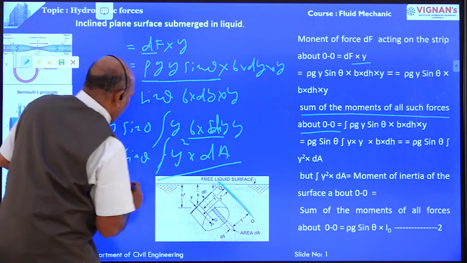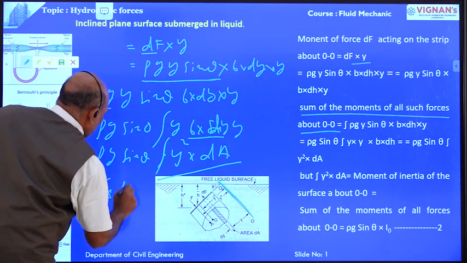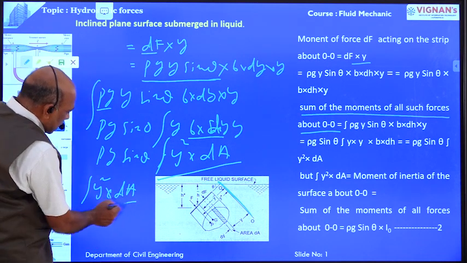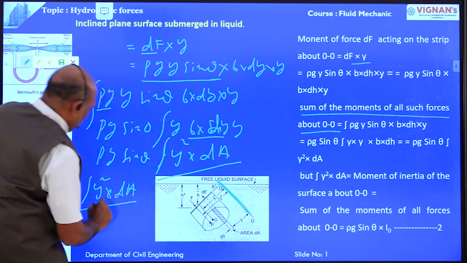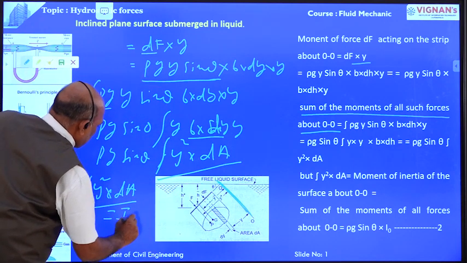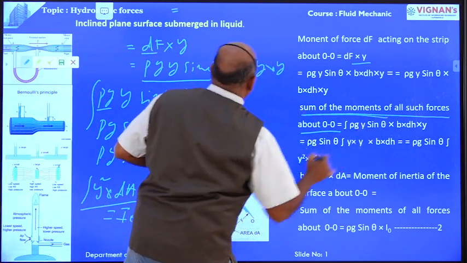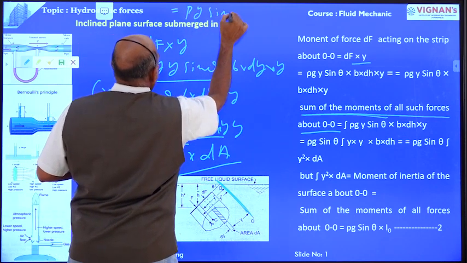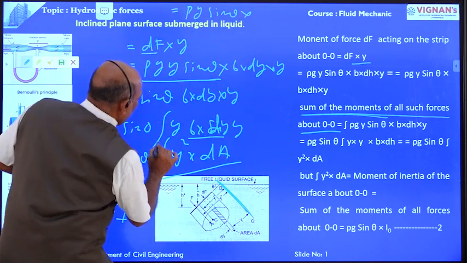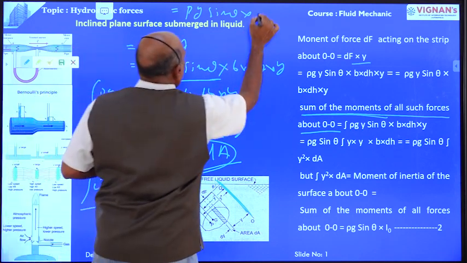This can be written as the integral of y square dA, and it is written as I0. The sum of the moments of all such forces is equal to rho g sin theta into I0, in place of the integral of y square dA.